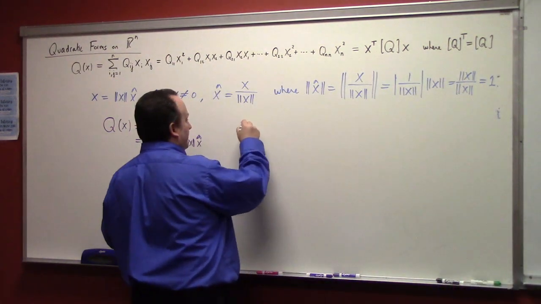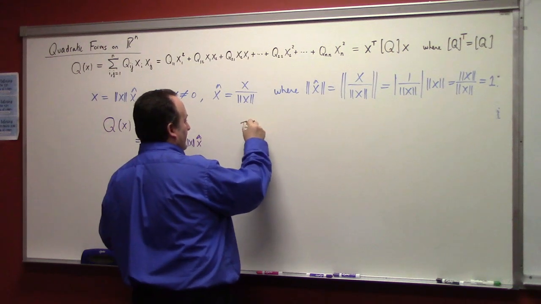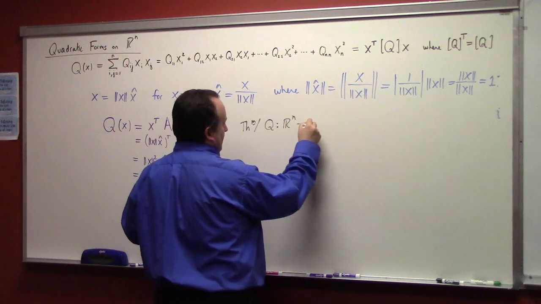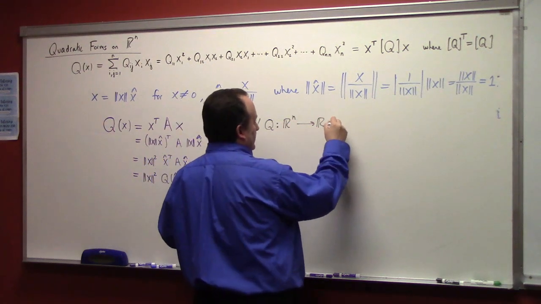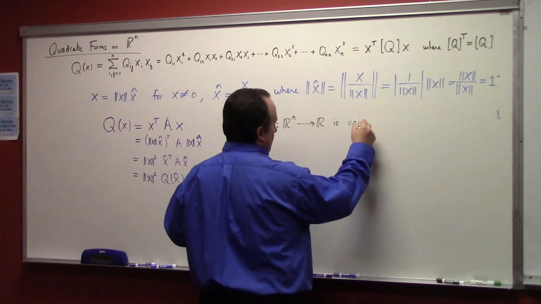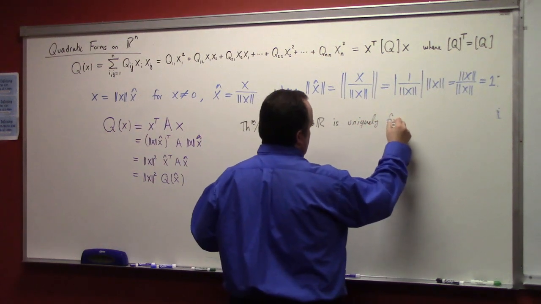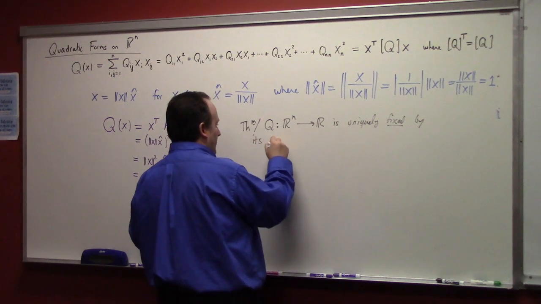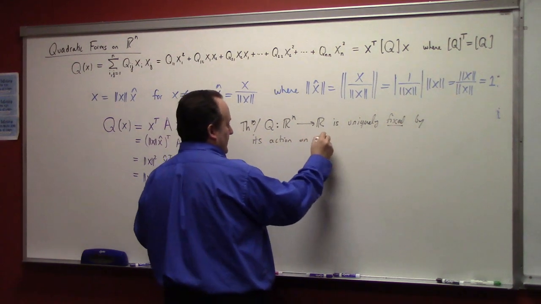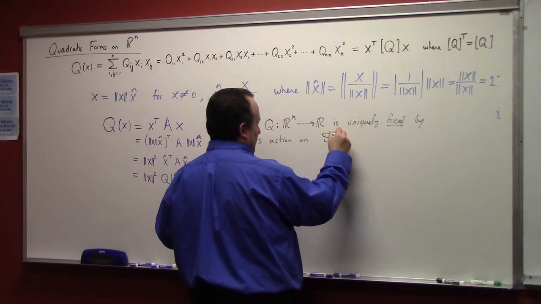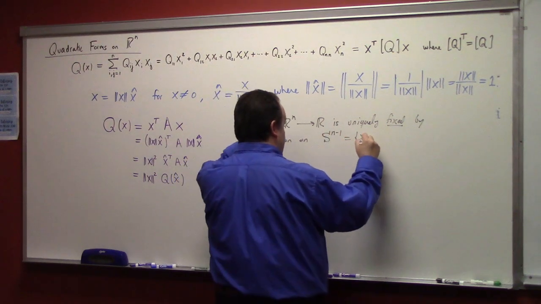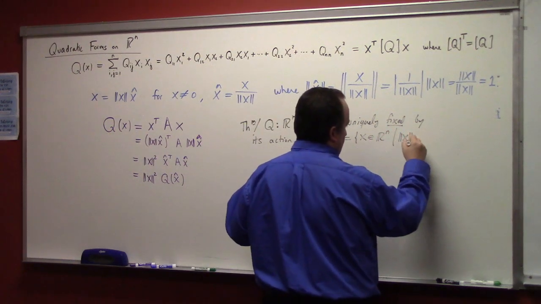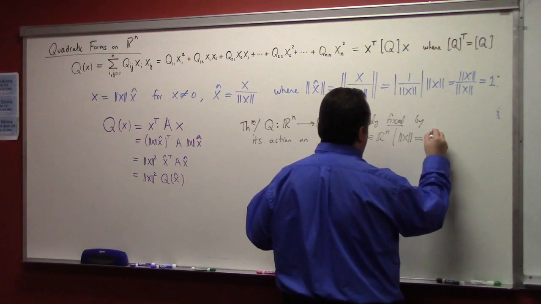Theorem: Q from Rn to R is uniquely fixed by its action on the n-1 sphere, which is just x in Rn such that the norm of x is equal to 1.